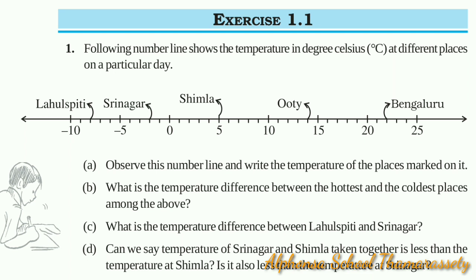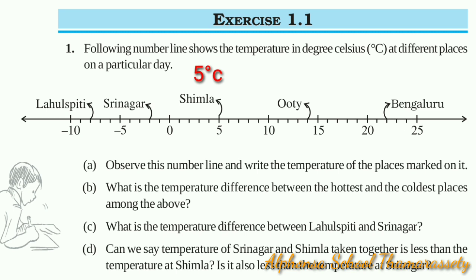When you observe this number line, you can see that the places to the right of 0 are Shimla, Ooty and Bangalore. The places to the left of 0 are Lahul Spiti and Srinagar. By looking at the number line, we can find the temperature of each place. The temperature at Shimla is 5 degrees Celsius.